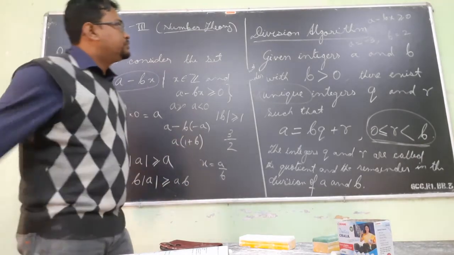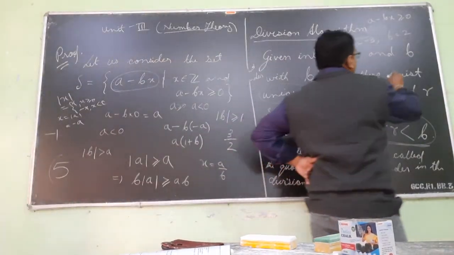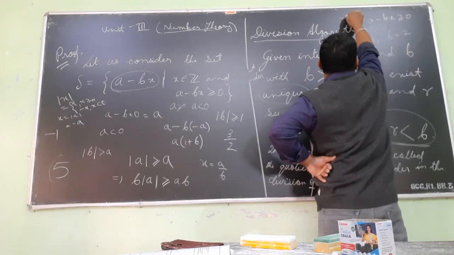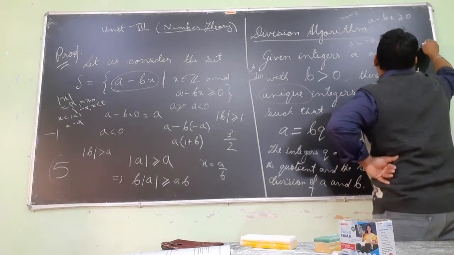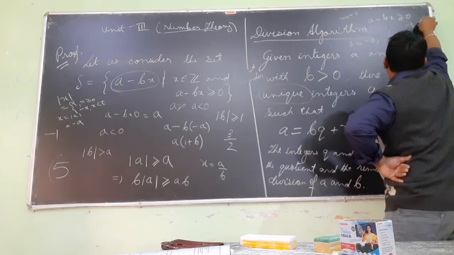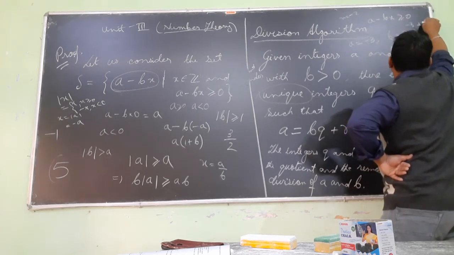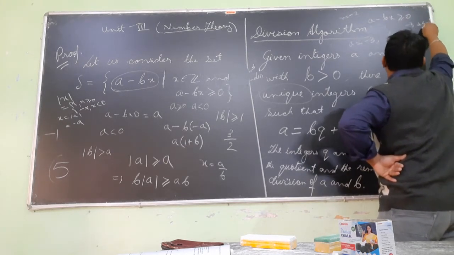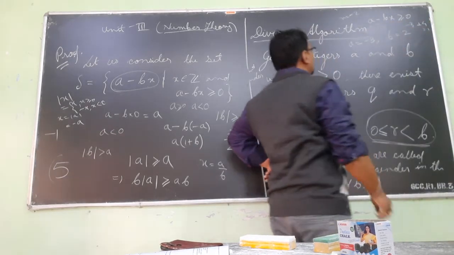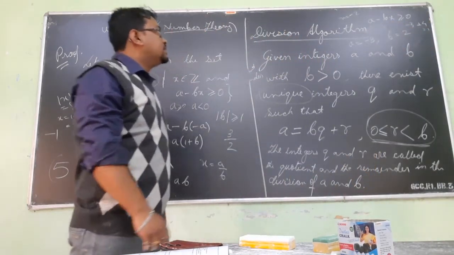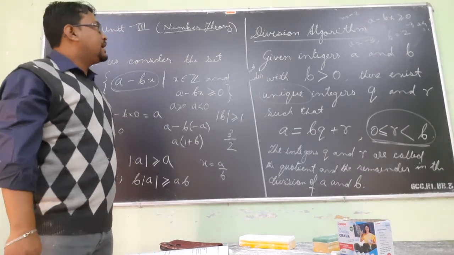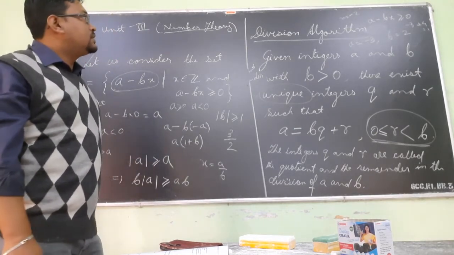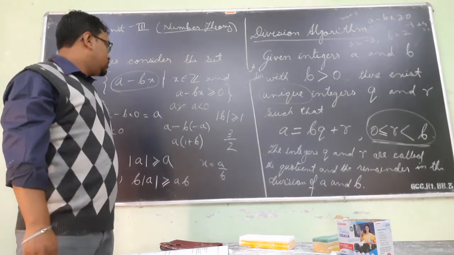If you take x equal to minus 2, then you get minus 3 plus 4, which is equal to 1. So x equal to minus 2 is working in this case. So you try to think what x should you take so that this becomes positive.